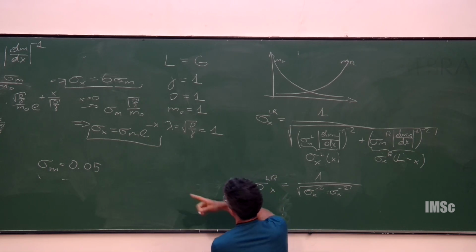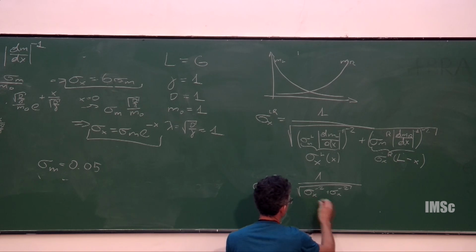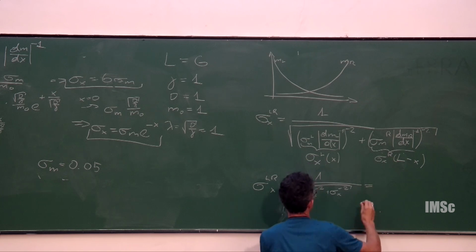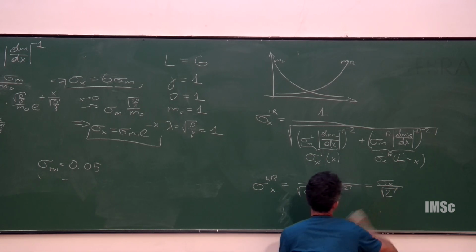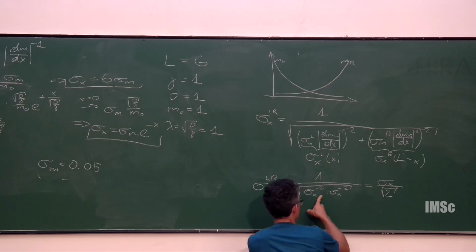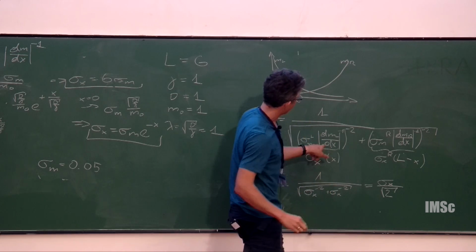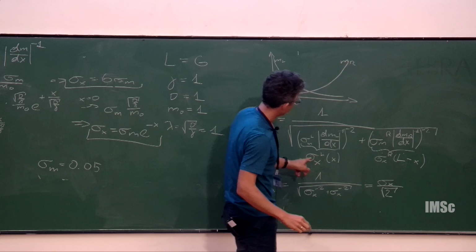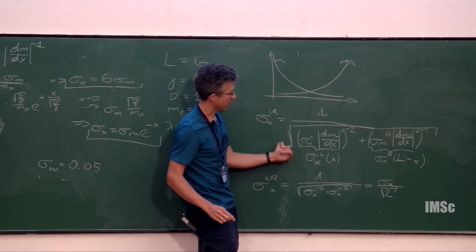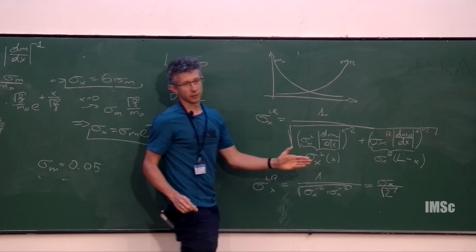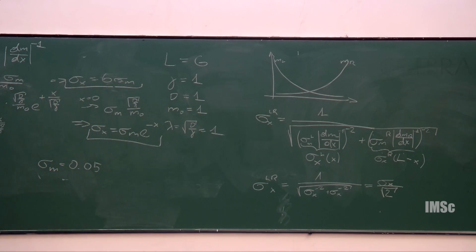I just assume the linear case, and this would give you the square root of 2. And this is just saying if those two are identical. So it would happen for all positions in the linear case, and it would also happen exactly at the center for the exponential.